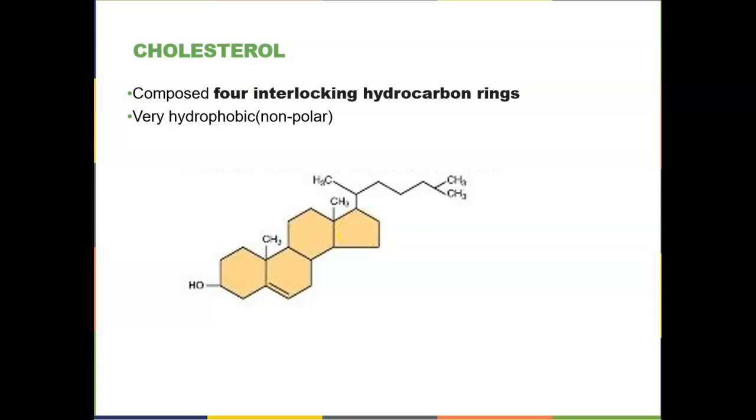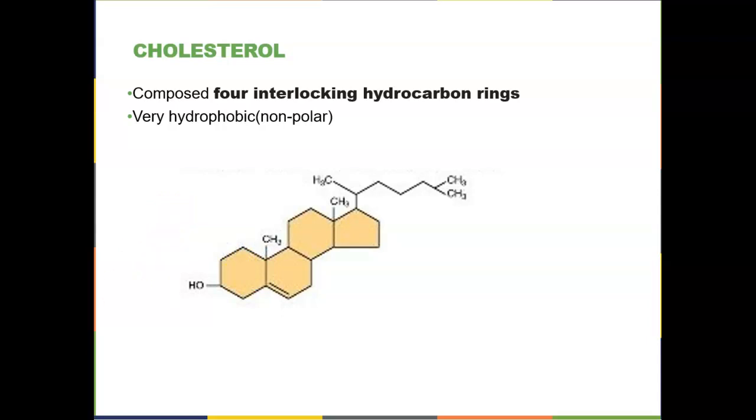This chemistry is a little bit beyond us, but what you want to know is that these ring structures are very good at sharing electrons, which means this is a very nonpolar molecule, even though there's a little OH group hanging off the side, which theoretically is a little polar. Because the oxygen can share so well with this ring structure, it still ends up being a nonpolar molecule. So they are extremely hydrophobic.